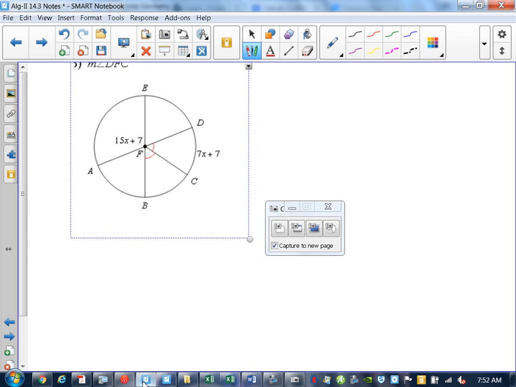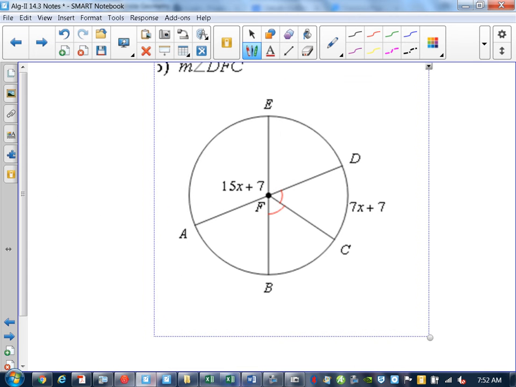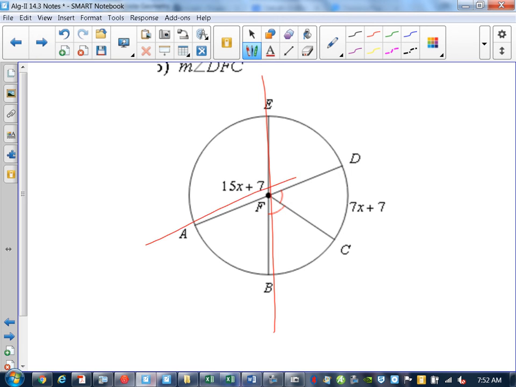It's actually a lot easier than you think. In the instructions throughout all the problems here, we're saying if segments appear to be diameters, they are. So you know that those are diameters, which therefore means those are vertical angles.